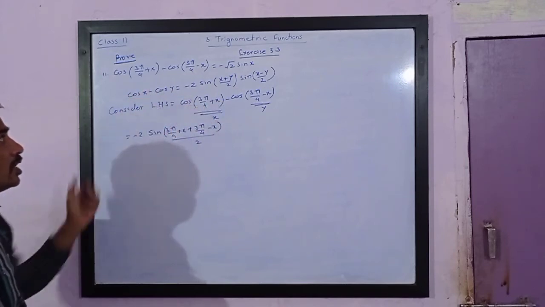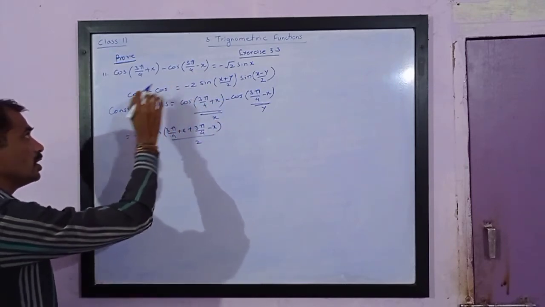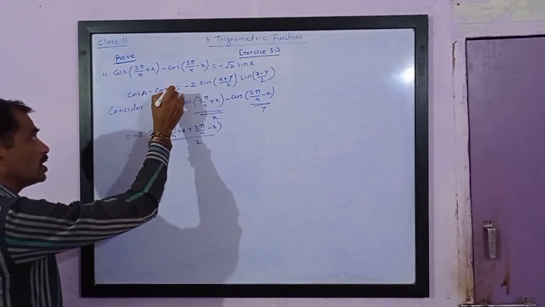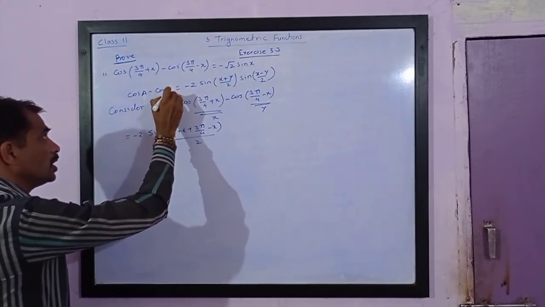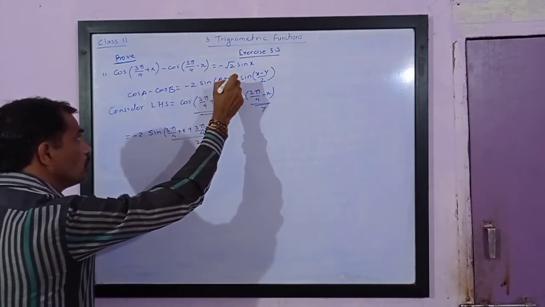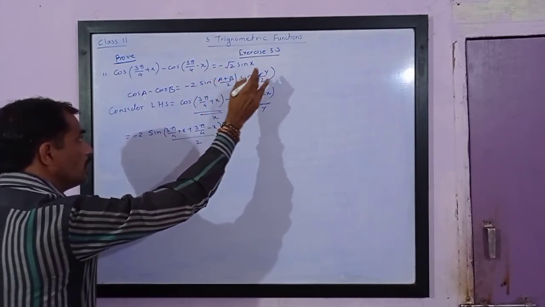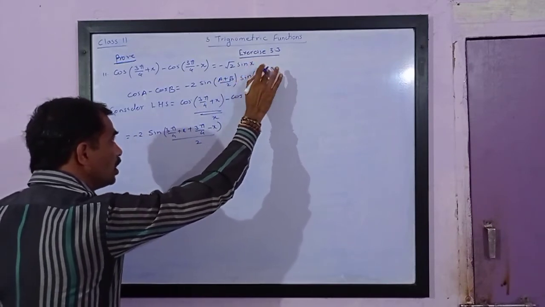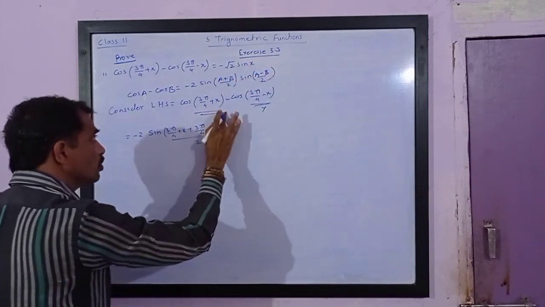In order to avoid the confusion, let us change the variable. We will take this as cos A minus cos B is equal to minus 2 sine of (A plus B) upon 2 into sine of (A minus B) upon 2, so you will not get confused with x and y.